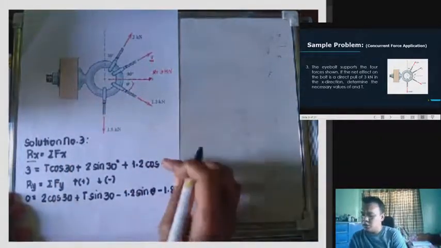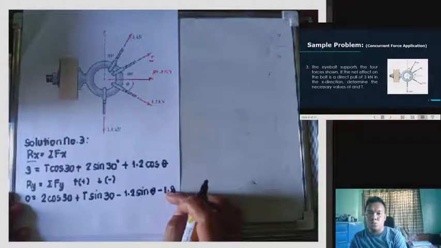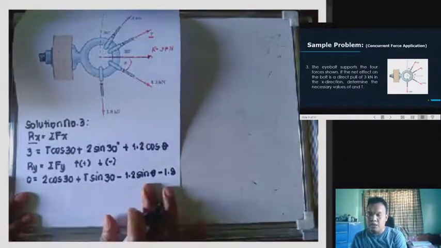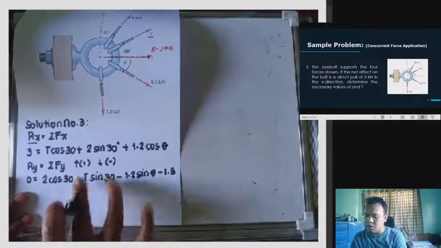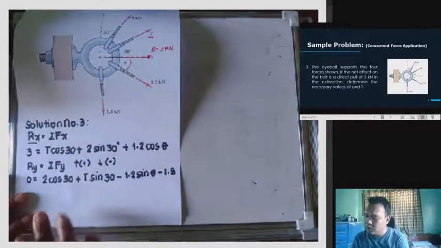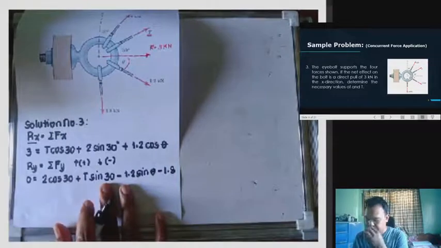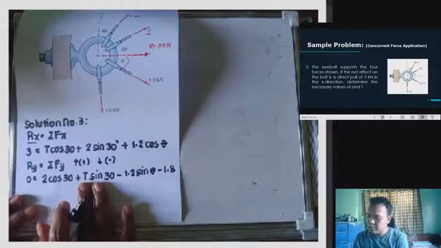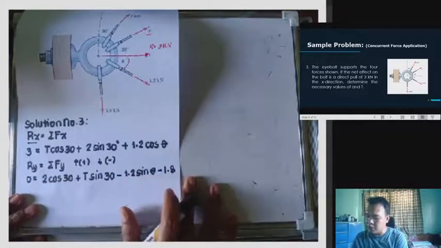Okay? So we have here equation 1 and equation 2. So simplify lang natin yung equation 2 para pwede natin i-substitute. So let's say na T in terms of theta tayo. So ito ililipat ko sa kabila, ililipat ko sa kabila din to.